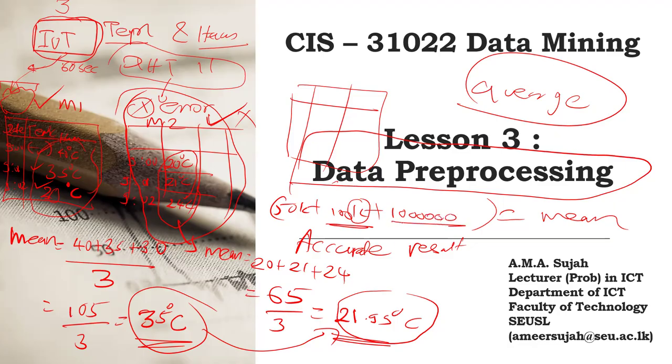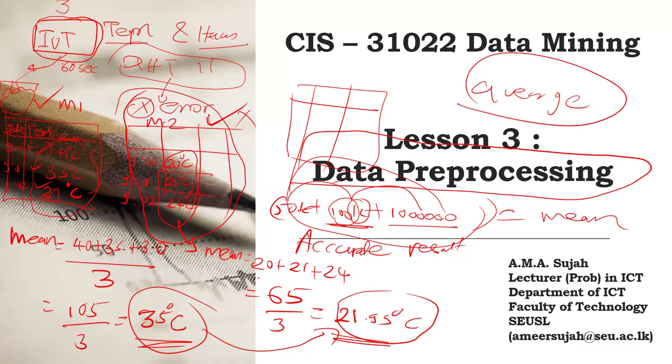Now what will happen? This is an abnormal value here, right? With this value, if you get the sum, definitely you are getting a wrong mean value. This is an abnormal value because he did not change the units. Because of that, it gives an abnormal value. So if you directly apply this value with this value, you get a wrong mean value.